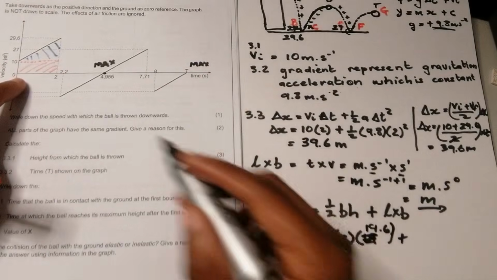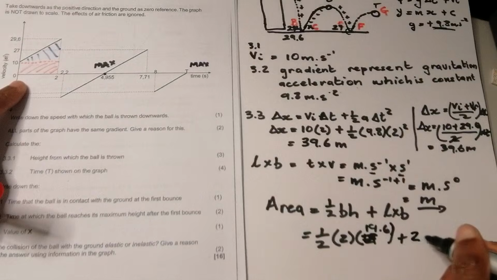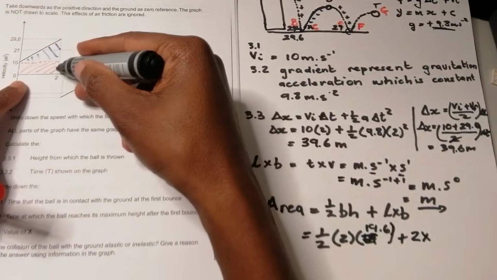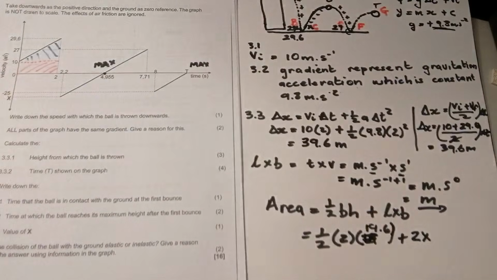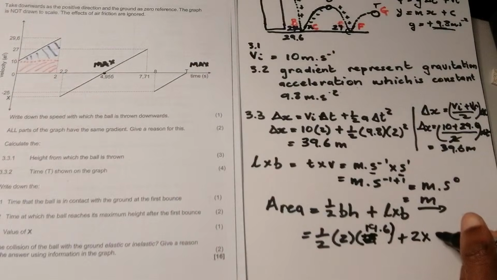Plus, let's go to our rectangle now. It's going to be length, which is 2, times my height there, and my breadth, which is 10.